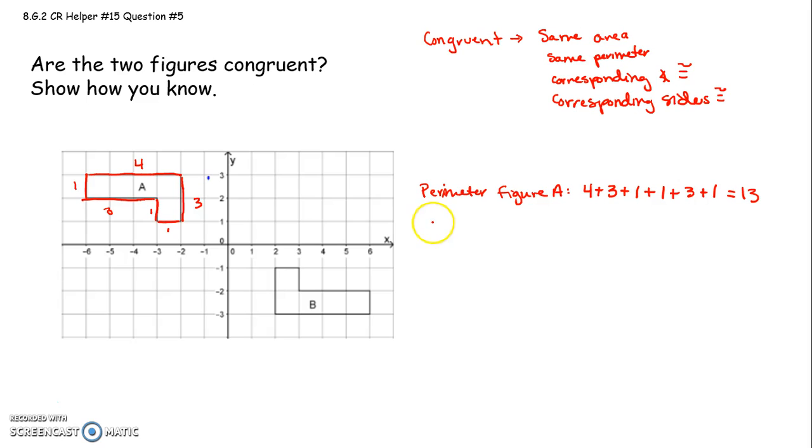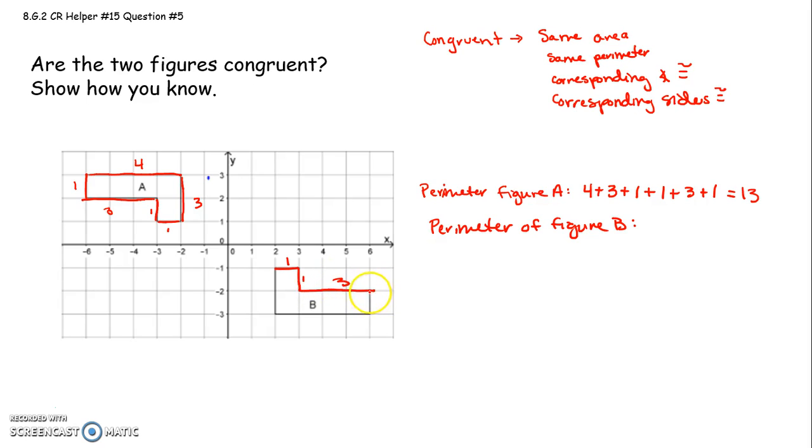Let's check the perimeter of figure B. So that side's 1 unit, 1 unit, 1, 2, 3 units.